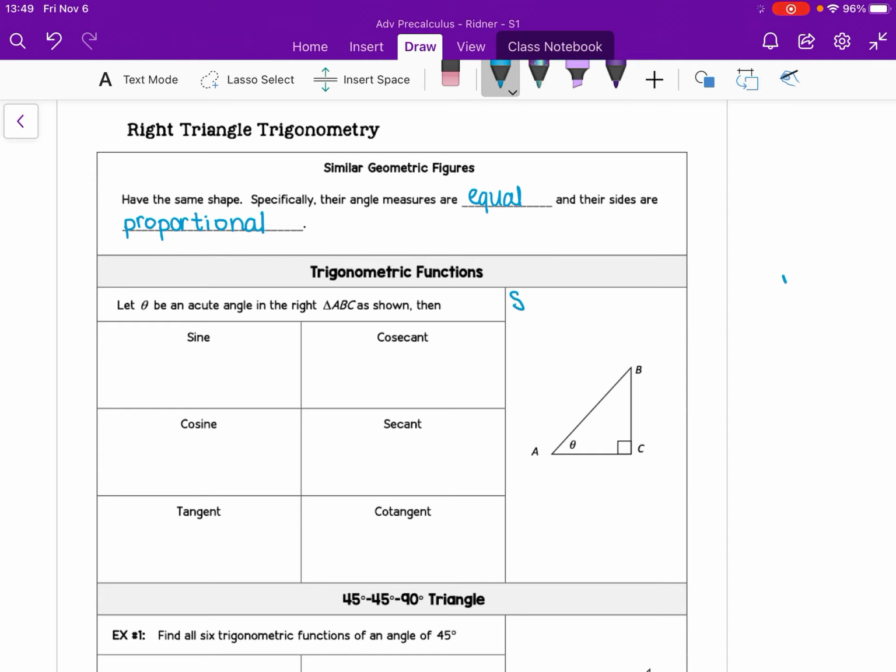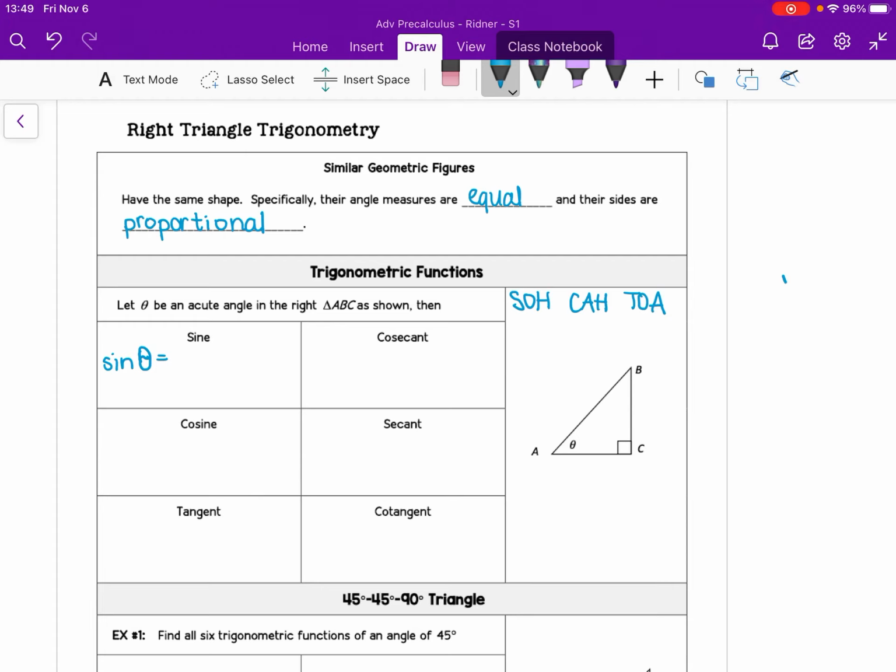So we have, for reminder, this is how we spell SOHCAHTOA. We use this to remember what goes with what. So when we talk about sine, the sine of any angle, that is not sin, that is sine. So sine of theta, theta is used for angles.